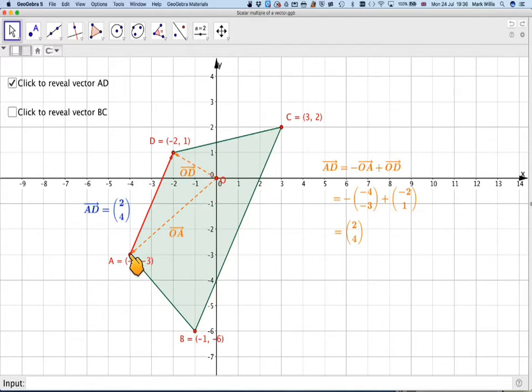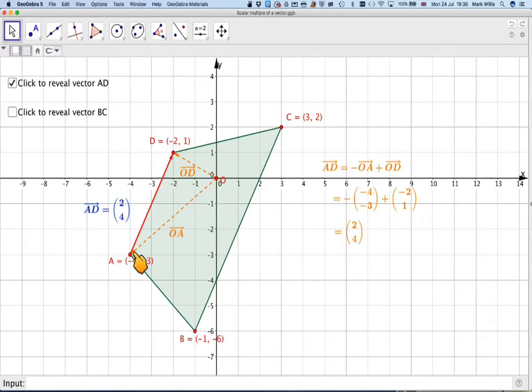Okay, so in order to find the vector AD, I need to follow a route. So I need to follow the route A to O plus O to D. But notice on the vector A to O, I'm going against the arrow of the position vector, because the position vector gives me the position relative to the origin.